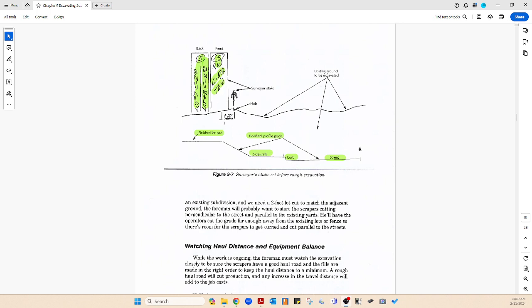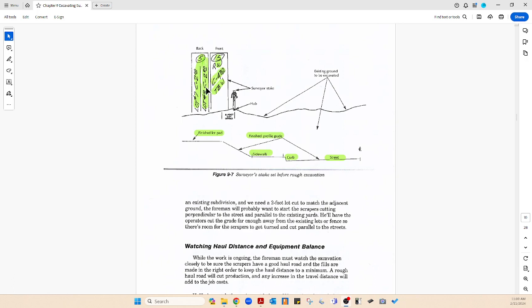Now again, here's your 5 foot offset hub already here when we got here. This marking right here is on the front of this stake, and this is talking about the 5 foot offset right here. This is on the back of this stake.